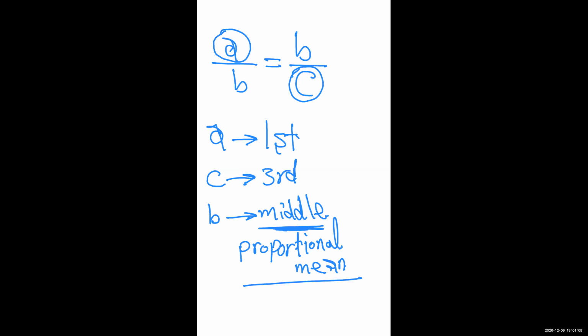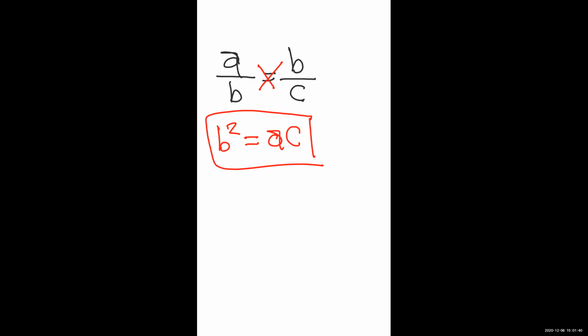Are we clear till now, guys? Yes. Great. Look at the rule again. A over B equals B over C this time. So if I apply the rule, product of means equals product of extremes, which is related to cross multiplication, B squared will equal AC.